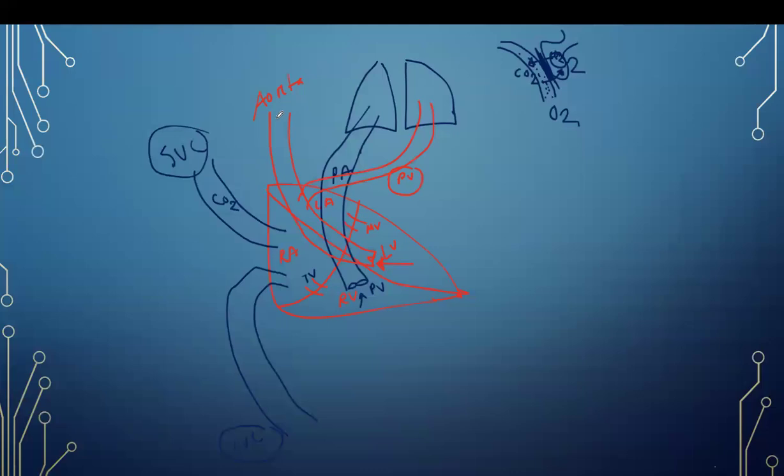That's how the deoxygenated blood is oxygenated in the lungs, carried back to the heart, and then the heart pumps all the oxygenated blood into the system. That's how a human being lives.